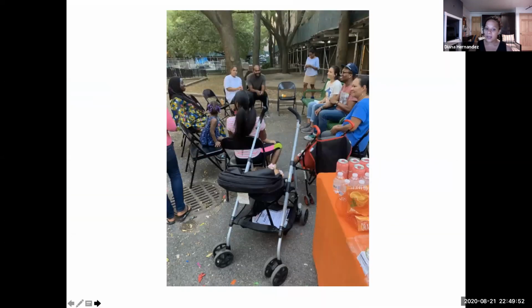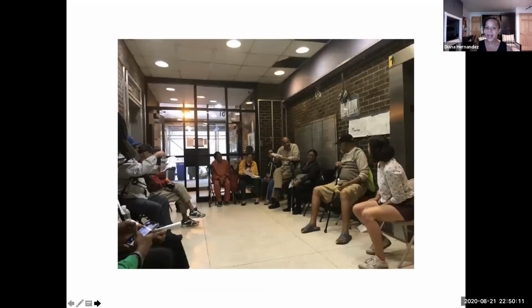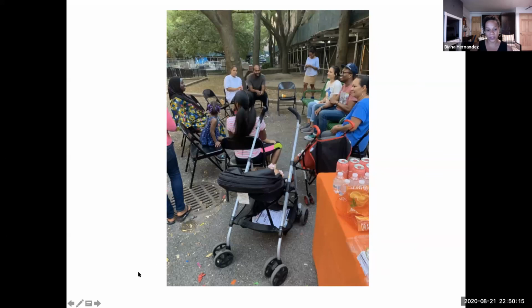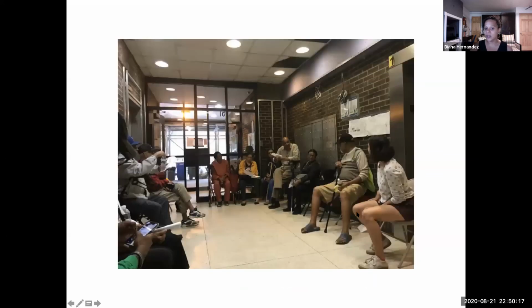But what was interesting about the RAD iteration here in the Bronx is that it was combined with these community conversations and these opportunities for people to come together around healthy food, and also around the idea of community building. And that was happening in units with families, as you can see here with the young kids, but also in senior housing, which is also important from a social isolation perspective and getting people to come together.